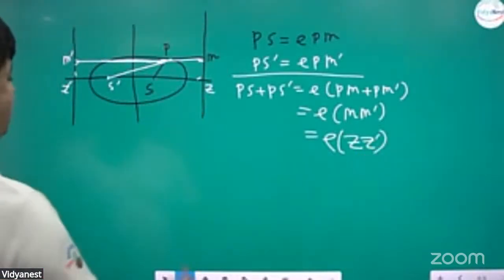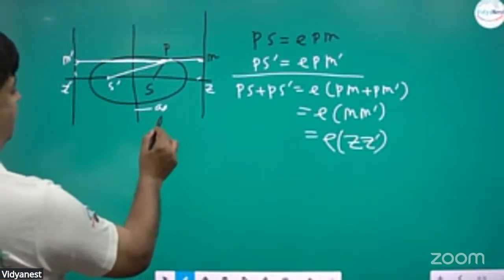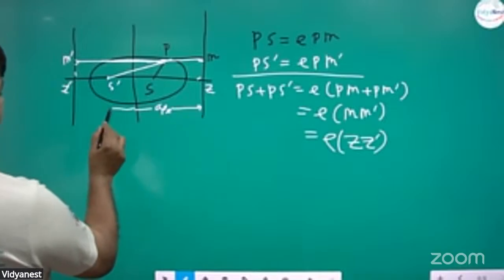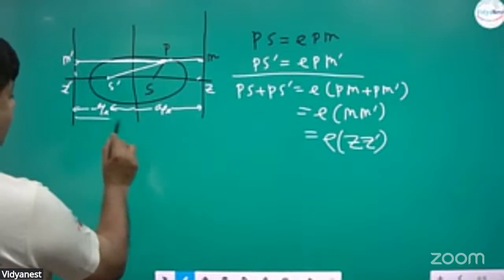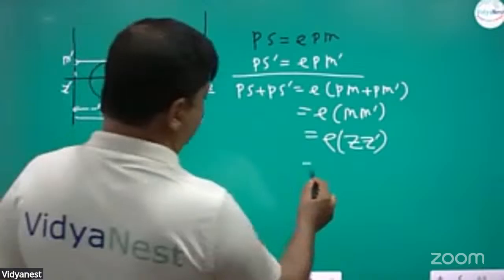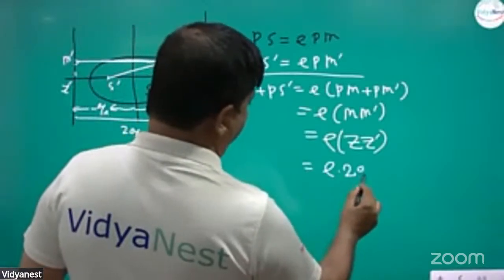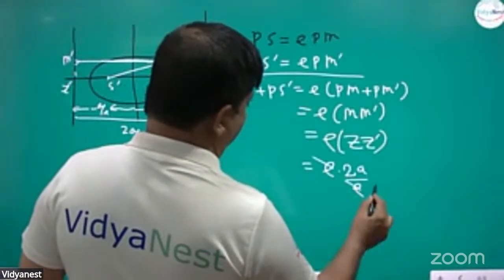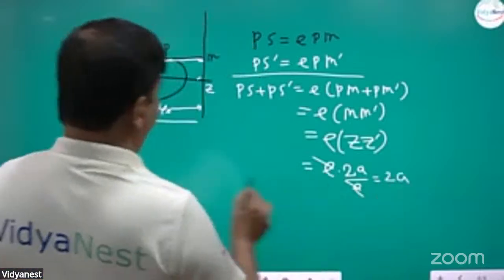ZZ dash means this part is a by e and this part is minus a by e, total 2a by e. So e times 2a by e gives 2a.